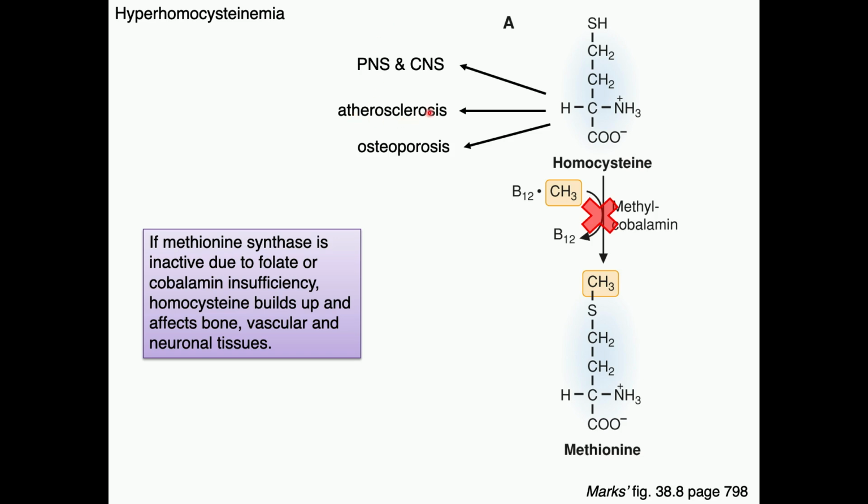So for these effects on the peripheral and central nervous system, it's not really clear whether this is because of homocysteine toxicity or because of lack of methionine and lack of methionine signaling.